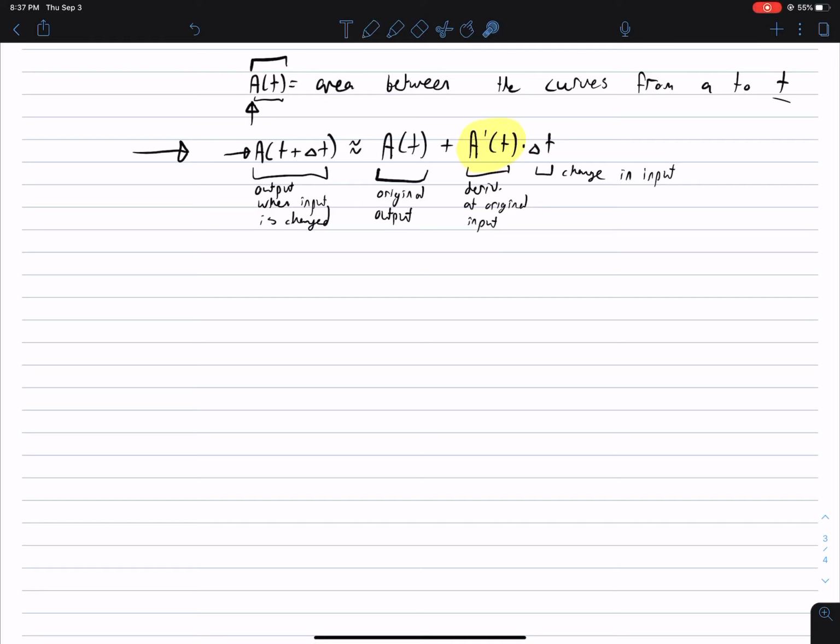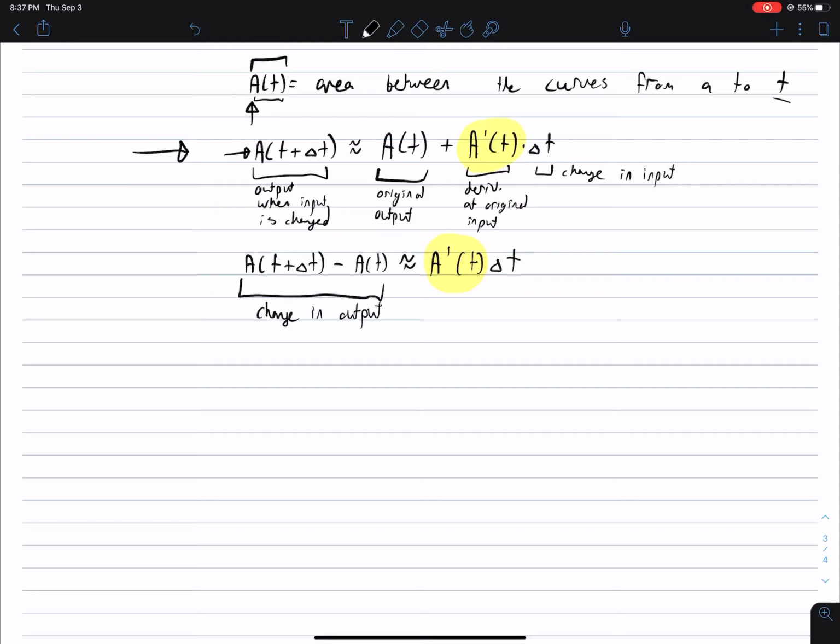So if this is your final output and this is your original output, then you can subtract them. So subtract your original output from each side. And we're still using approximate, not equal. So now we're one step closer to having the derivative by itself, and that's what we need, the derivative by itself.